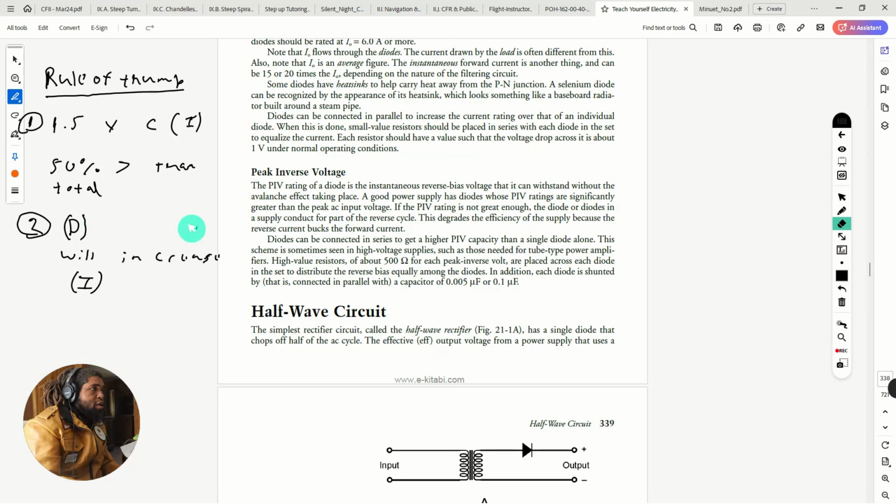Another rule of thumb that might be important for us to keep in mind. And I think I'm going to go ahead and highlight that as well.